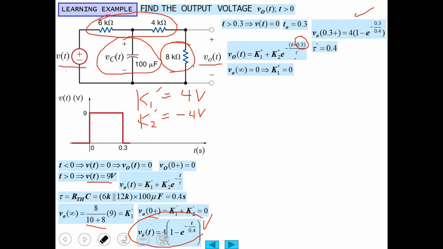That means at 0.3 seconds, K2 double prime has to equal whatever the value of the voltage is. Oops, get my pen back on. Whatever the value of the voltage is, and it's 2.11 volts. This equals 2.11 volts.